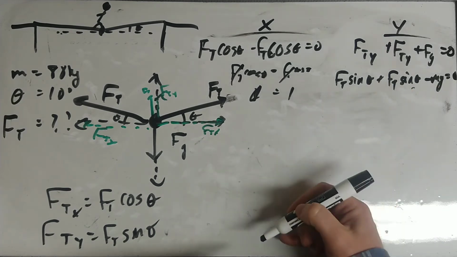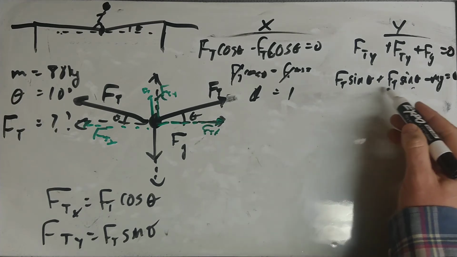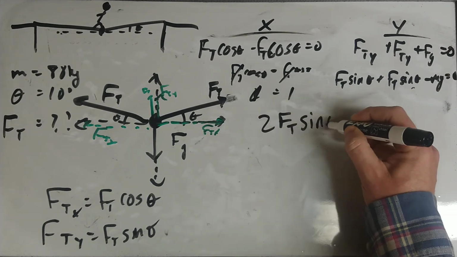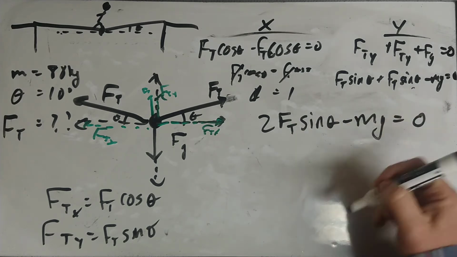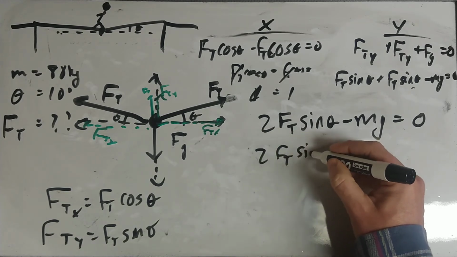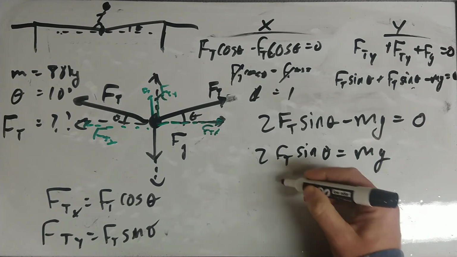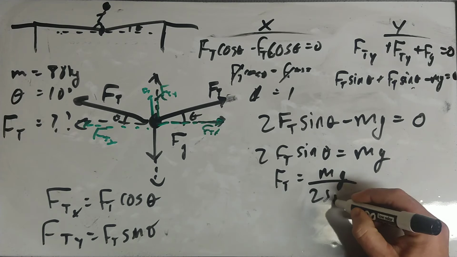So the y direction is really the only thing we need here. I'll write it a little bit bigger down here. So we add this together, we get 2FT sine theta minus mg equals 0. So 2FT sine theta equals mg. FT equals mg over 2 sine theta.